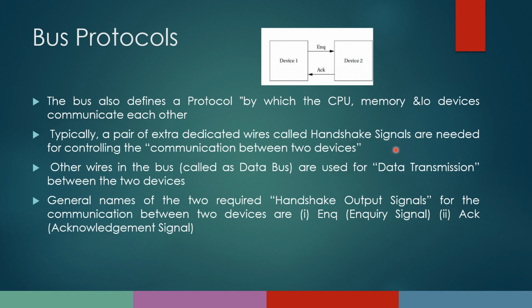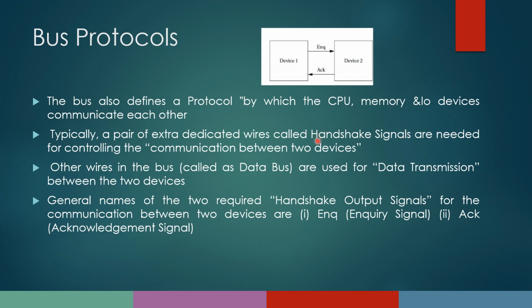These are needed for controlling the communications, and the other wires in the bus, called the data bus, are used for data transmission. So actually we require two types of communication to take place: one is the actual data transmission, and the other is the transfer of these handshake signals. That is, the two devices have to agree that a communication is going to take place.